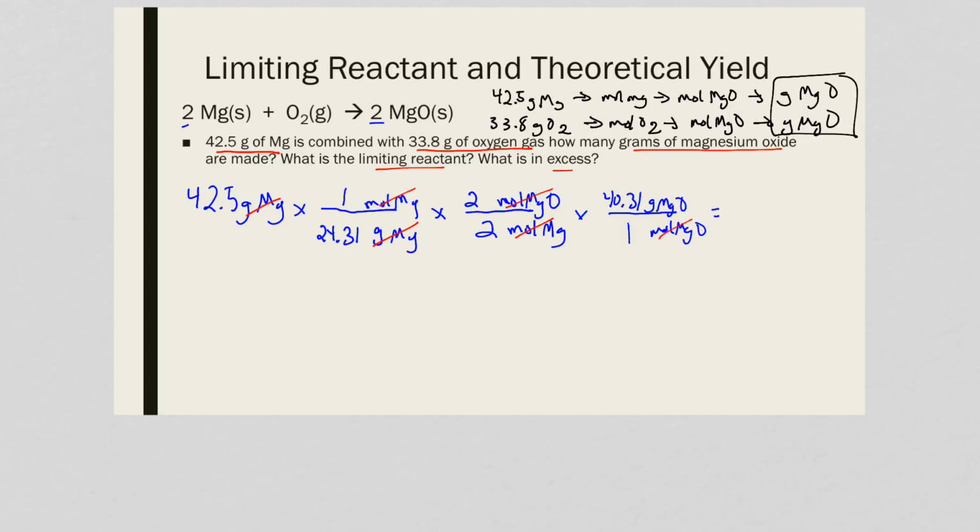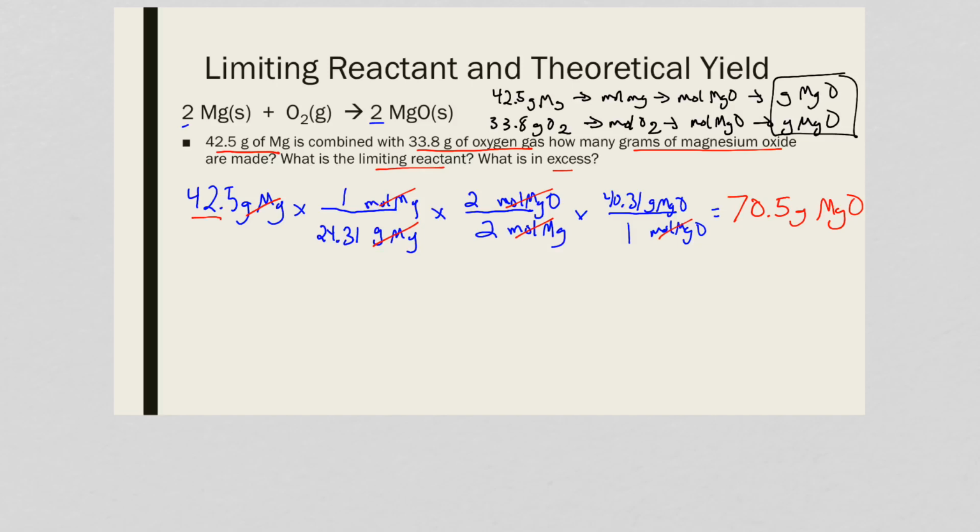My dimensional analysis cancels out my magnesium, and I go through my math. And if you do this, of course keeping 3 significant figures here, we end up with 70.5 grams of magnesium oxide. Okay? So that's from the magnesium.